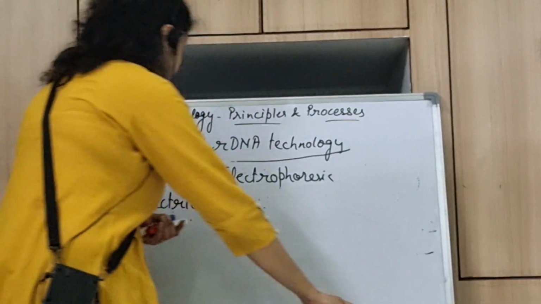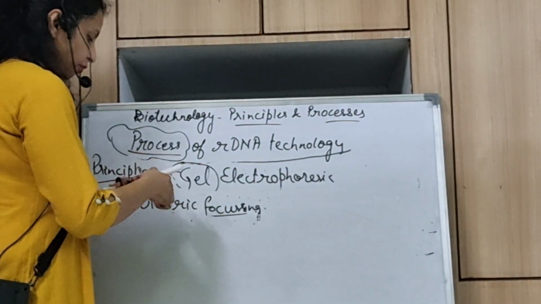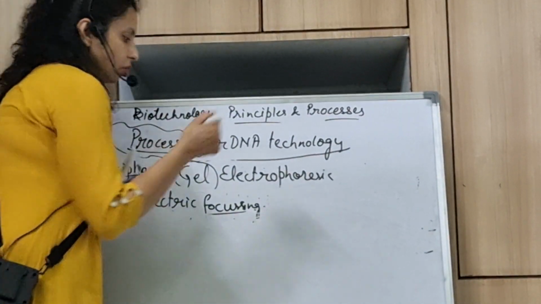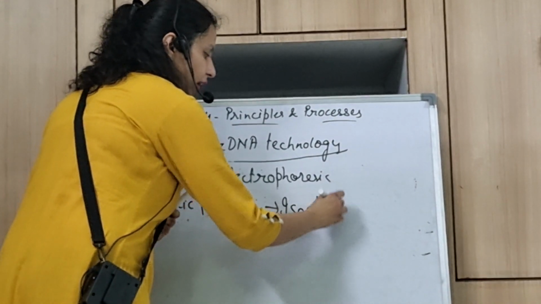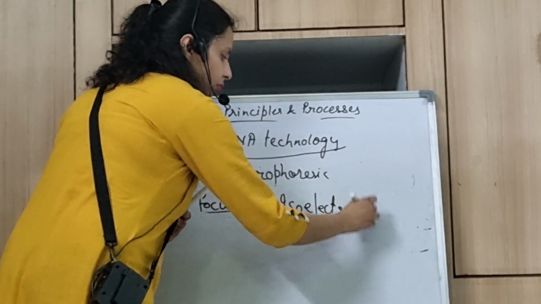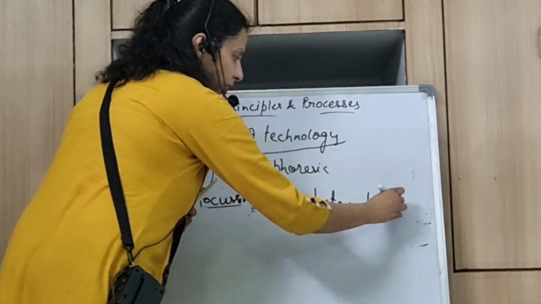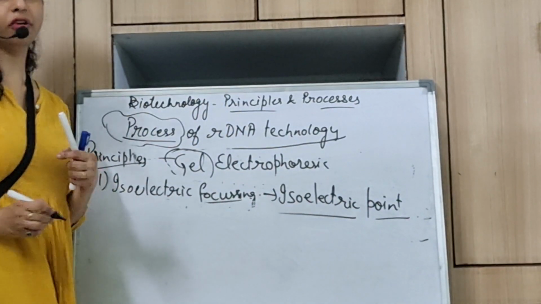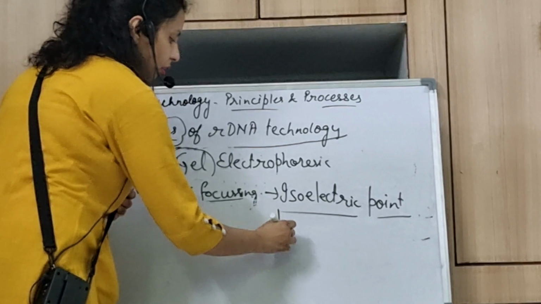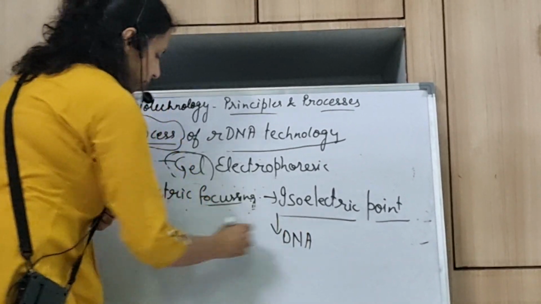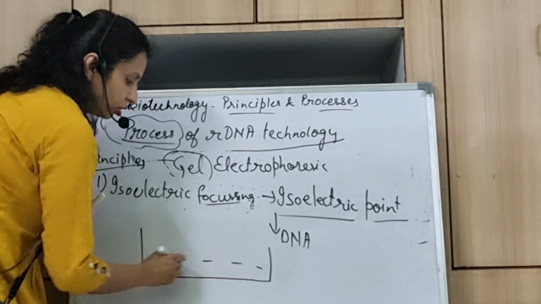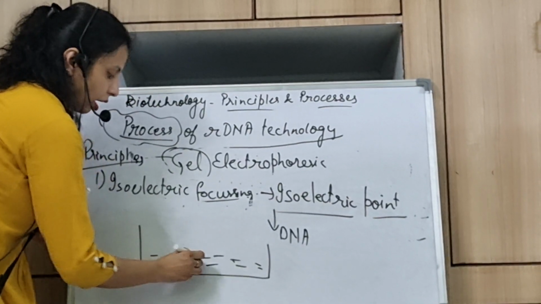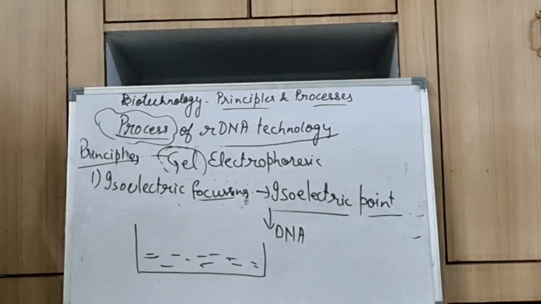So isoelectric focusing depends on isoelectric point. Right now we will talk in context of DNA. When we take the buffer solution, it is one where the ions are present.